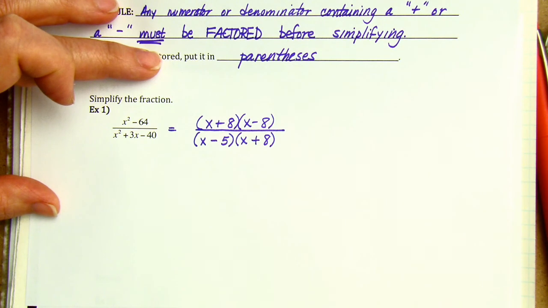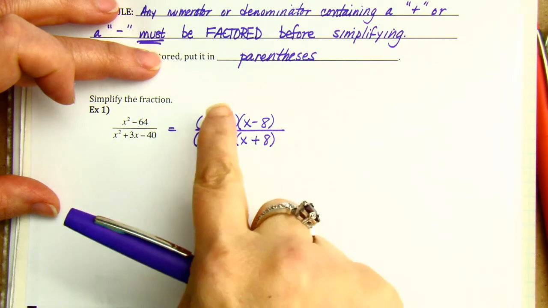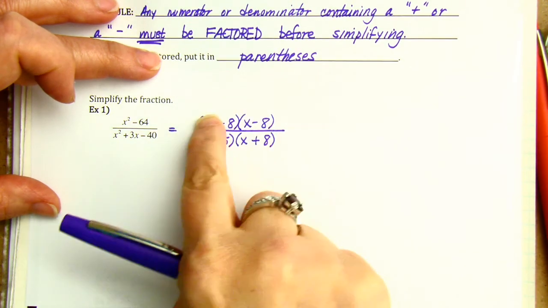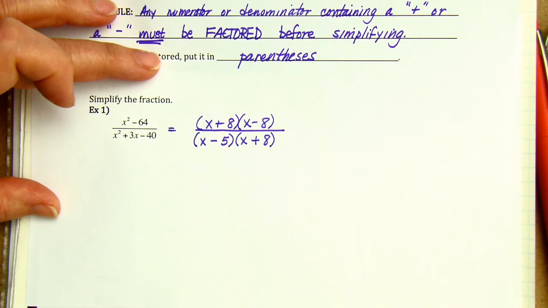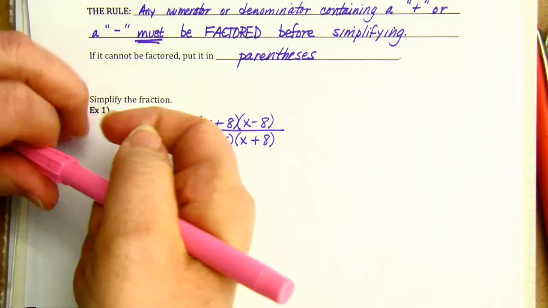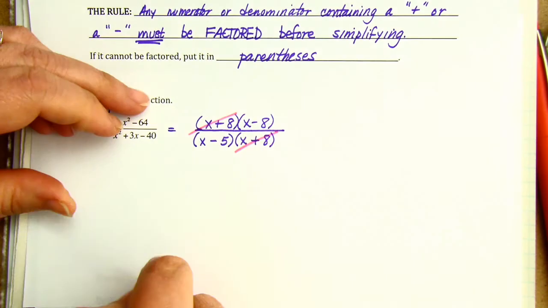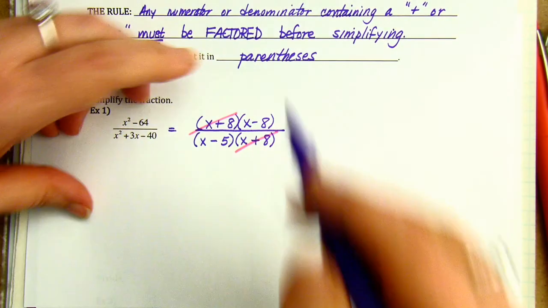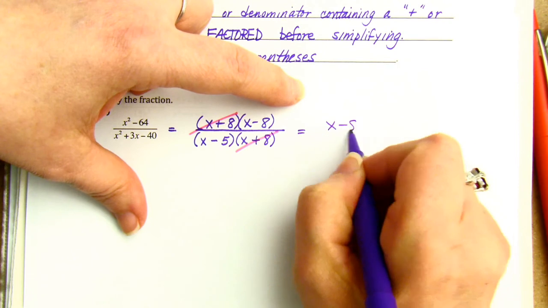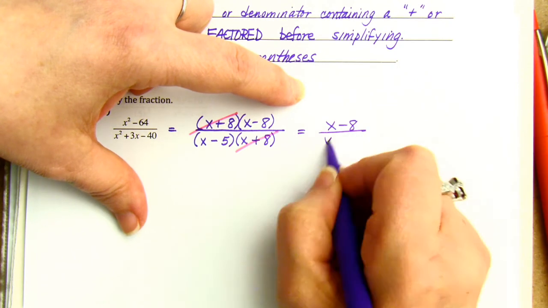Look now for common factors, numerator, denominator pairs. That's this times this. These are being multiplied. These are binomials being multiplied. So you could divide out common binomials. This is going to take that out. My final answer in simplified form is x subtract 8 divided by x subtract 5.